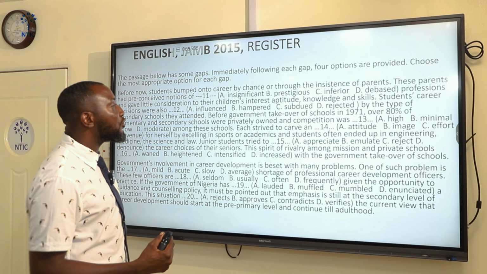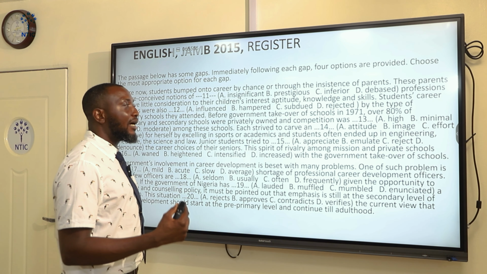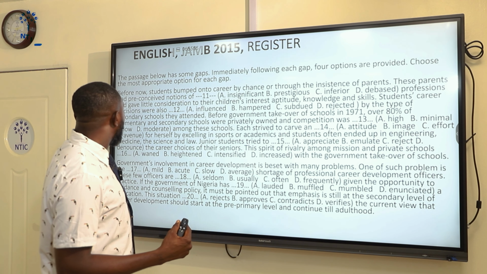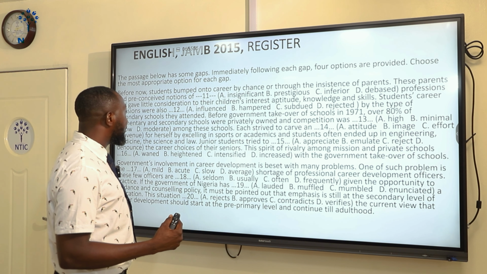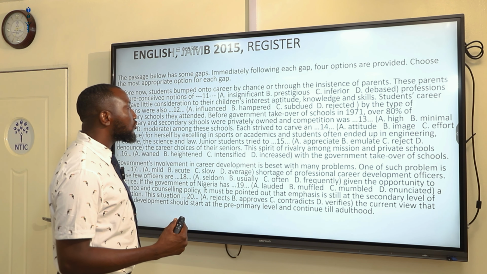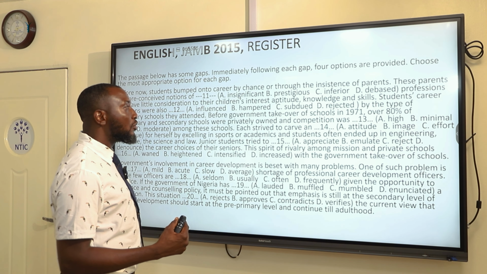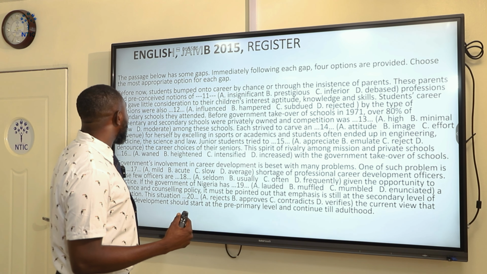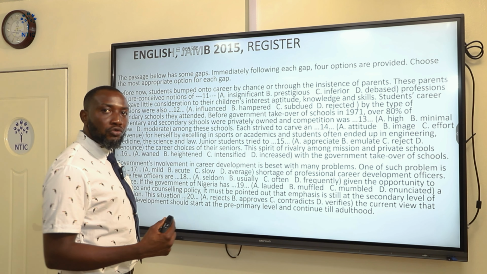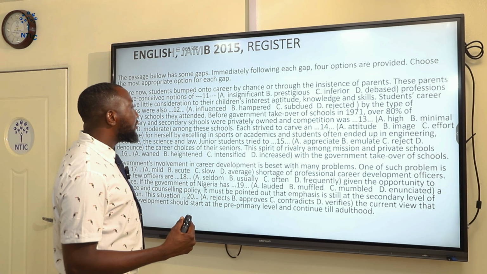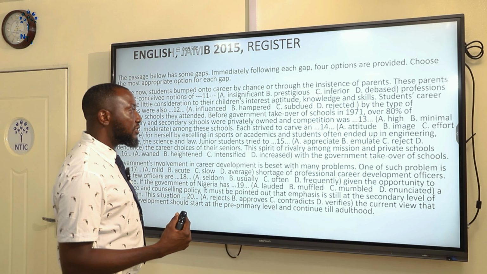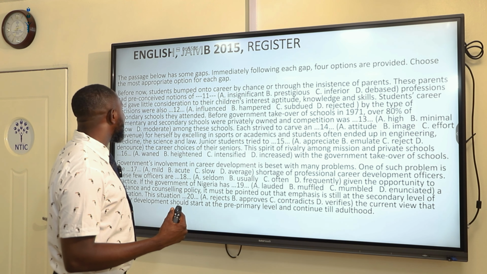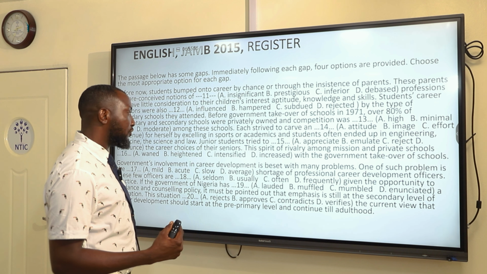Each strived to carve an attitude, image, effort, avenue for herself by excelling in sports or academics, and students often ended up in engineering, medicine, the sciences, and law.